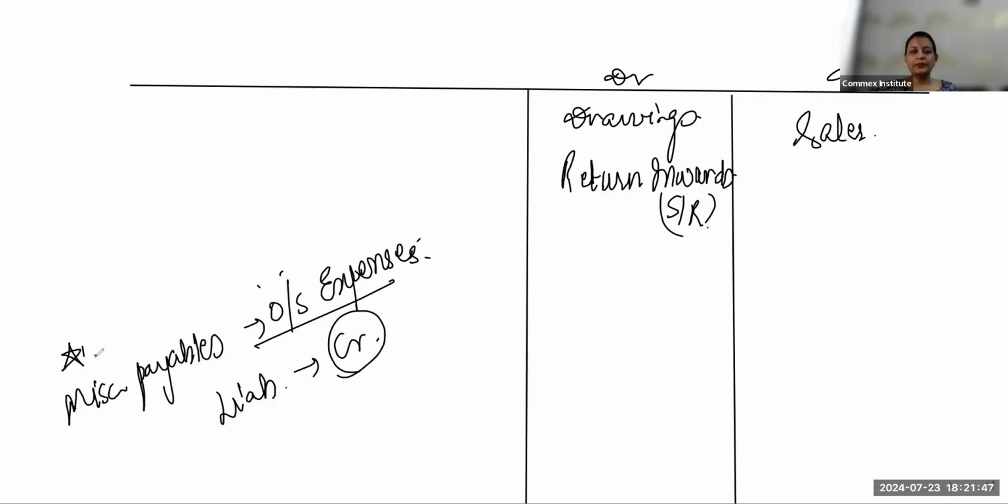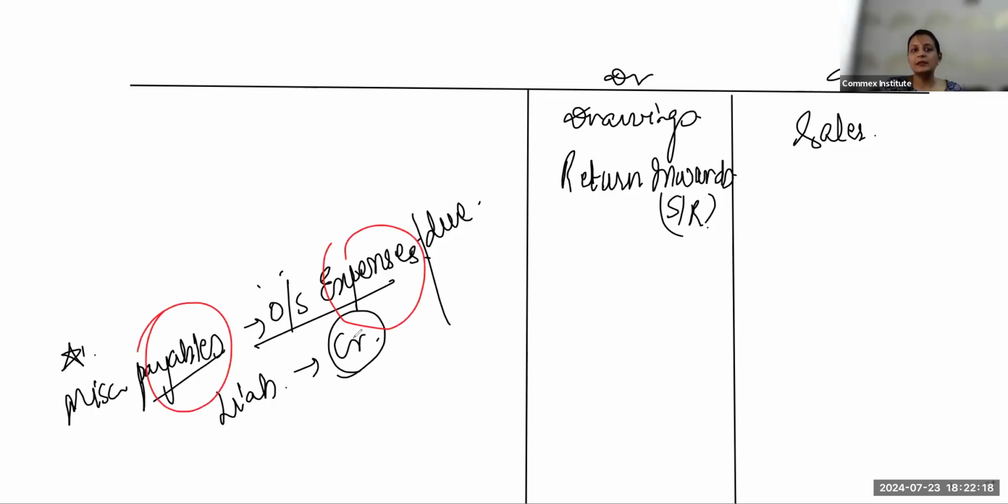See, there is a difference between expenses and outstanding expenses. Had it been expense, we would have put it on the debit side. But if it is expense payable, that means it is expense due or expense outstanding, it would be put on the credit side.